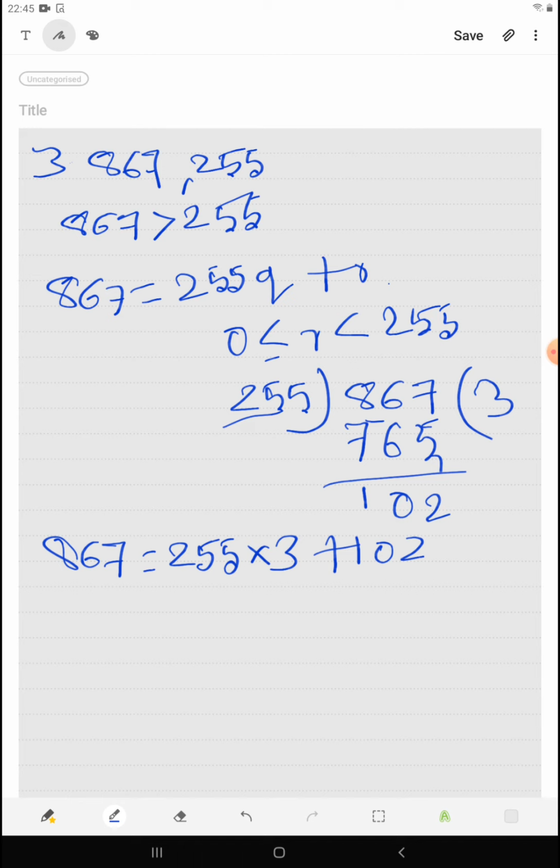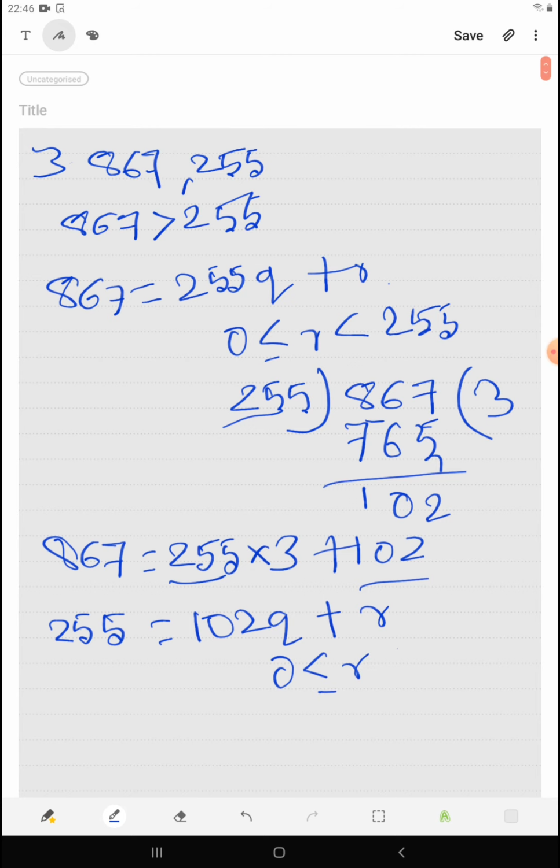Okay. So here q is 3 and r is 102. Now we will take this in the form of this as per the Euclid's lemma. So as per Euclid's division lemma, 255 equals 102q plus r, where 0 is less than or equal to r is less than 102.